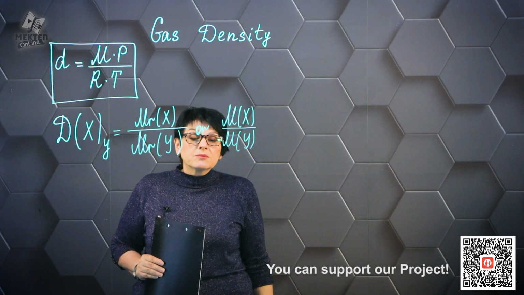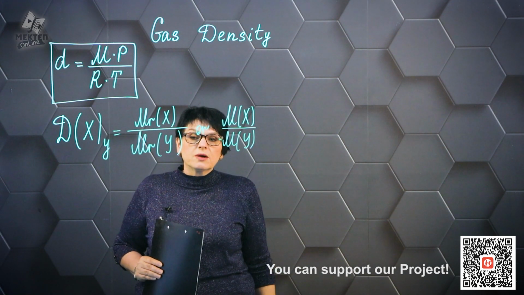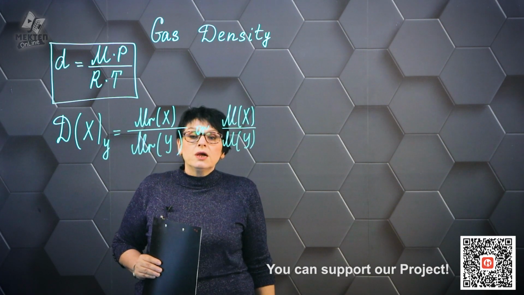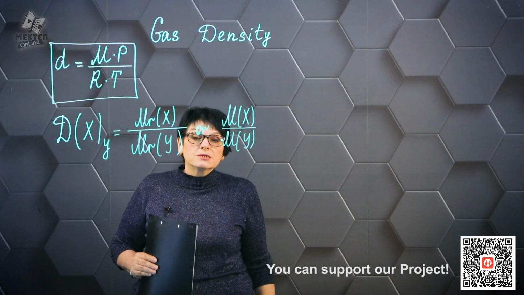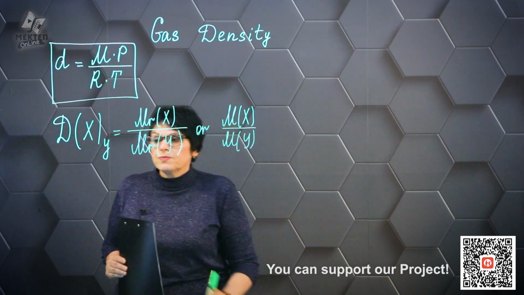That is, how you have to place, for example, a vessel or a balloon in order to fit this gas into it compared to, for example, air. Let us give examples of calculations.